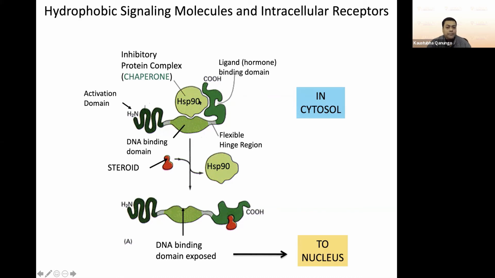On the other hand, think about a chaperone protein right here, HSP90. Suppose this is a ligand binding domain, and it is mutated in such a way that it cannot bind to HSP90, the chaperone.